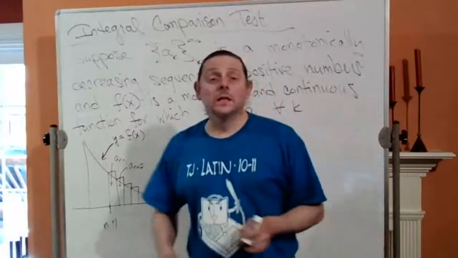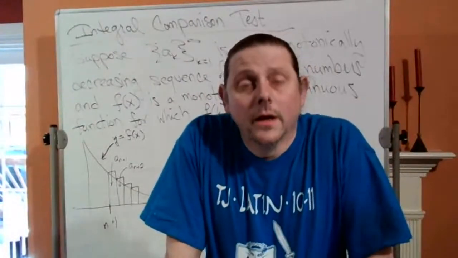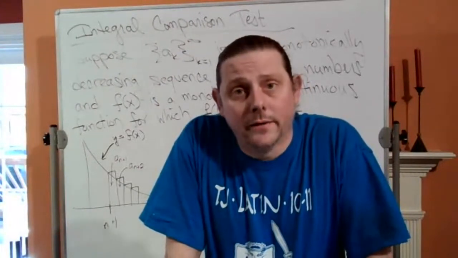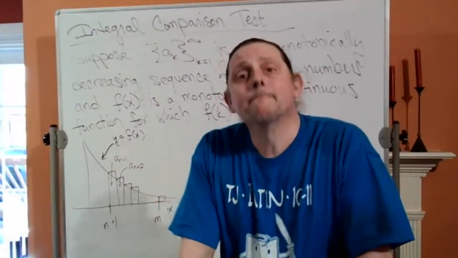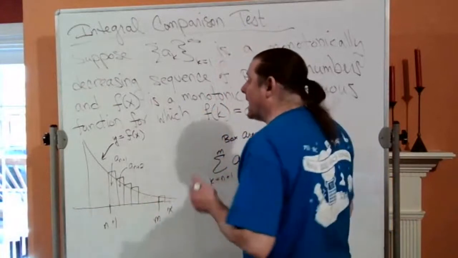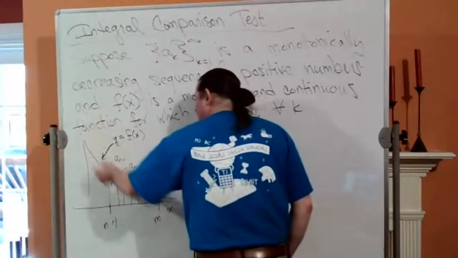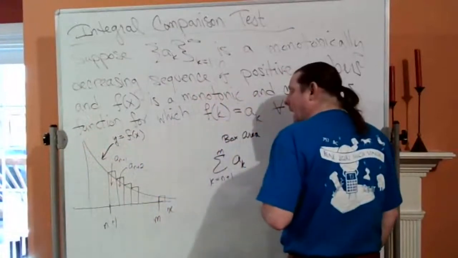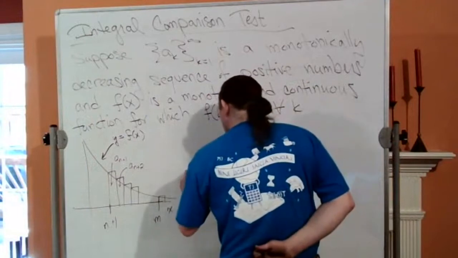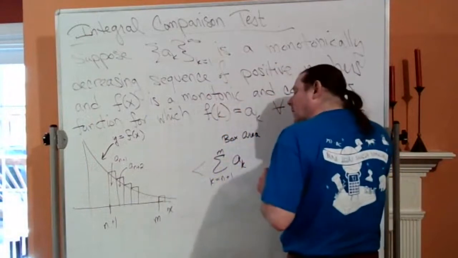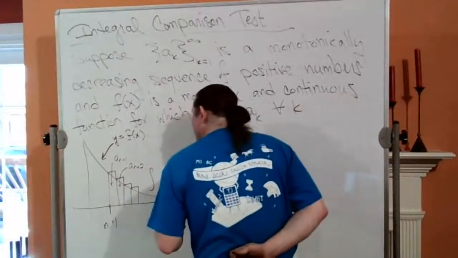Now, clearly, the box area is larger than the area under the curve. All right, that comes as a consequence of the decreasing nature of my function f of x. So the box area is greater than the area under the curve.